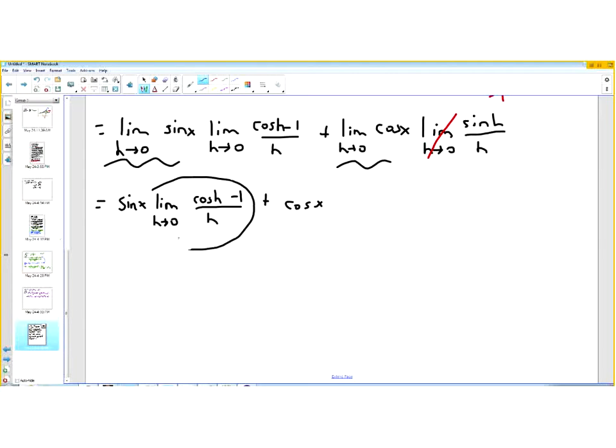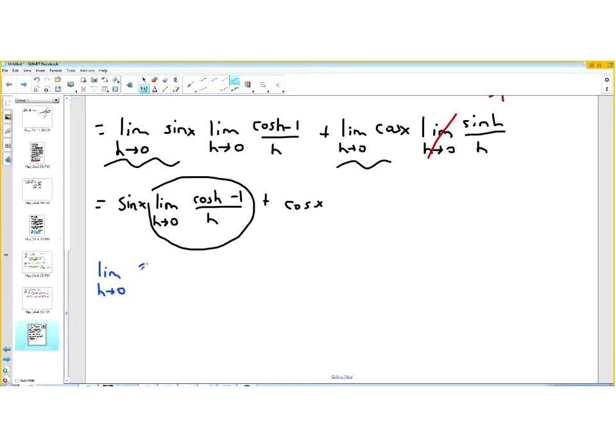If we were to use direct substitution, the cosine of 0 is 1, so we would have a 0 over 0 case. So this limit is an indeterminate limit, and you know the rule: indeterminate limits evaluate to a number for the most part, so we have to analyze what that limit is. That's a little piece that needs cleaning up for this derivation.